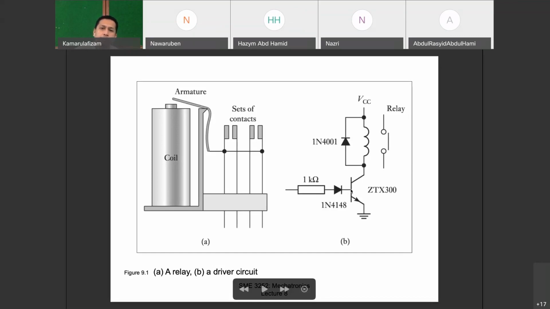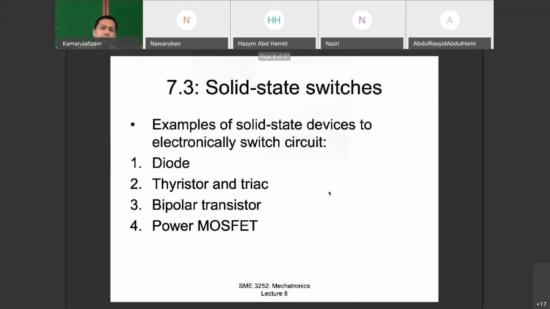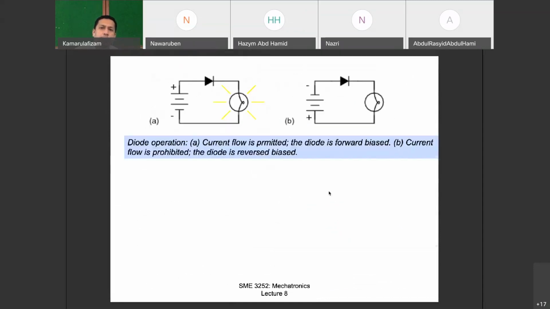So dia switch off. Kalau you bagi 5 volt dekat sini, transistor ni akan power up dan dia akan turn on the circuit, dia akan complete the circuit. So the whole system akan jadi in the on condition lah. Alright. So transistor itself adalah sejenis solid state punya switch.